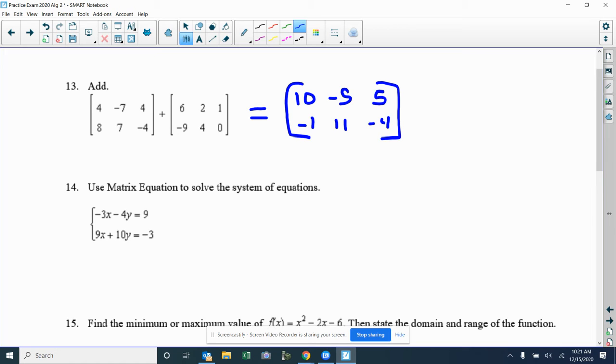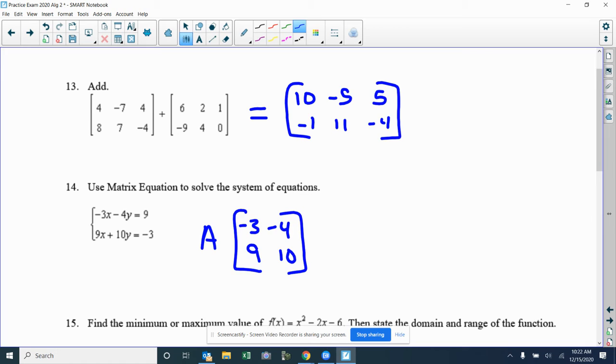Matrix equation, which brings to mind, there'll be no phone calculators on the assessment, okay? You cannot use your phone as a calculator on the assessment. Matrix equation: matrix A will be our coefficients, -3, -4, 9 and 10. Make sure you use your negative button and not the subtraction button when you put that in your matrix.